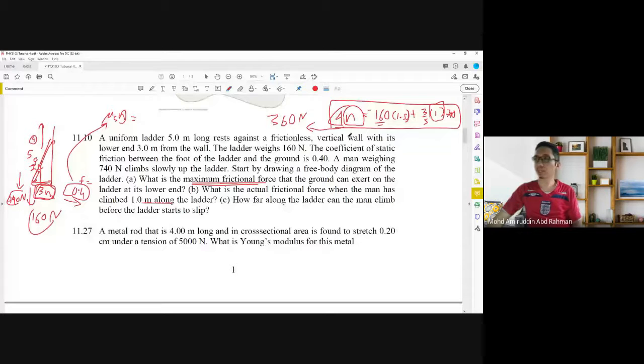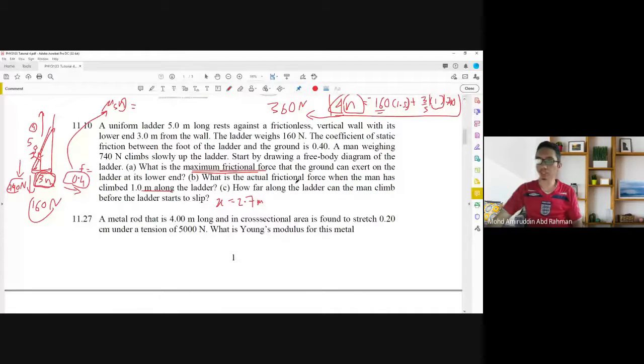So you obtain that x will be equal to 2.7 meter. So that's for C.